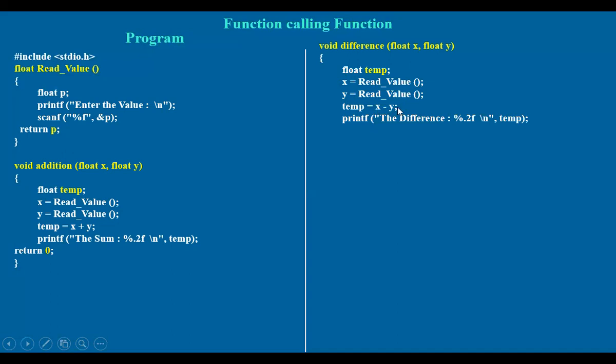Now the difference is taken, kept in temp, and we display this temp value, the difference. These are the three functions. Now coming to the main program, these two functions are called here. We are not using the read value function directly; we are using only the addition and difference functions, two functions. That's it.